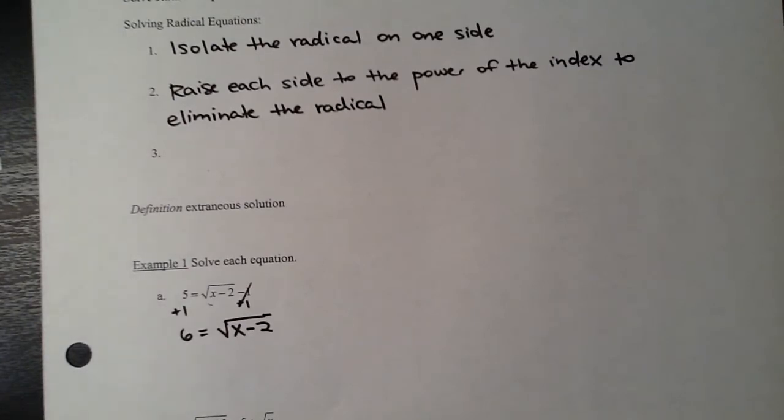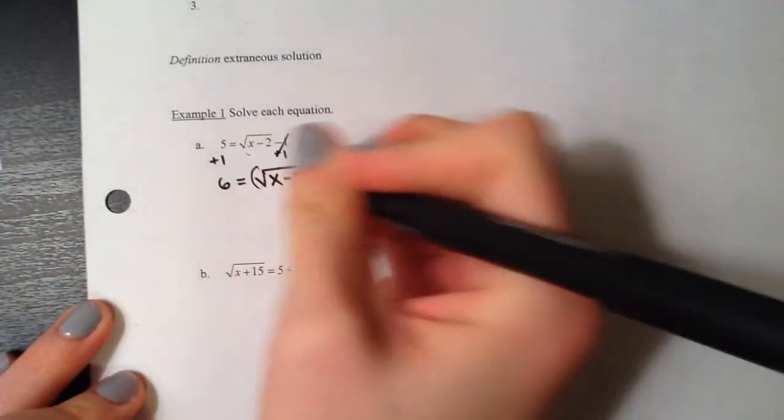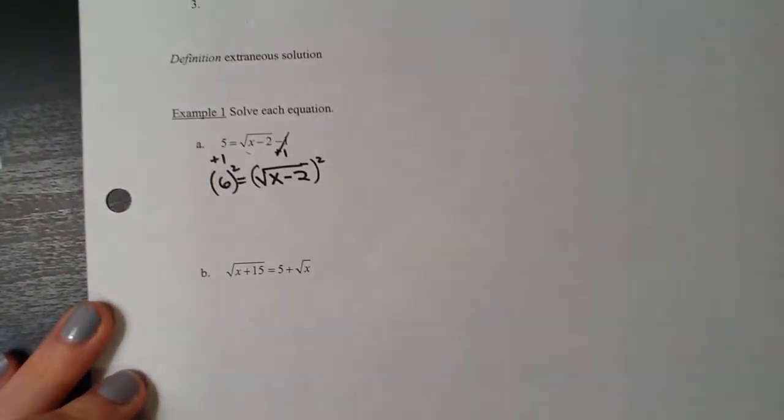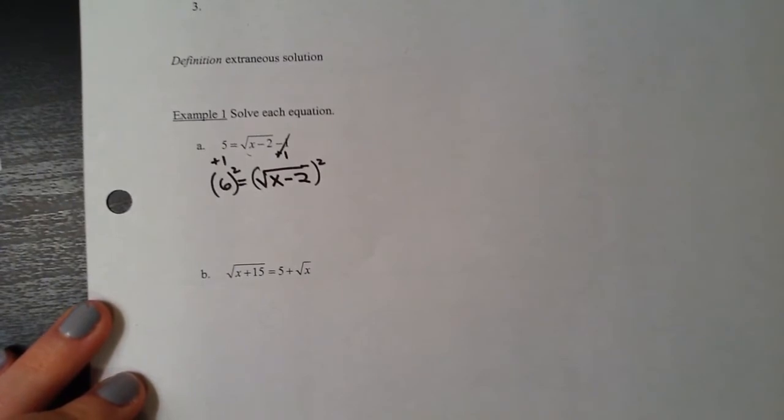Okay, so remember the index is whatever the square root or the cube root or the fourth root, and so you raise to that power. So the one example that we're looking at, we've got a square root, which means the index is 2, and so we raise both sides to the power of 2. That step means if it was a cube root, you raise both sides to the third power. If it was a fourth root, you raise both sides to the fourth power, etc.